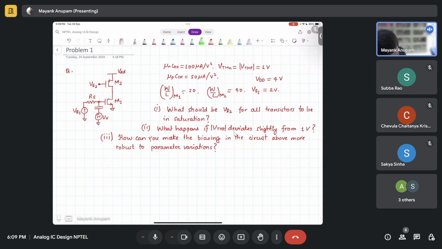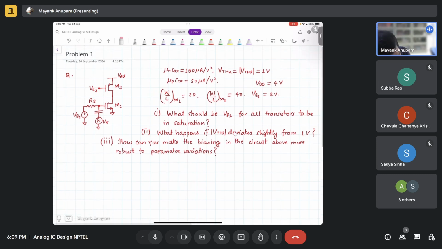To take care of that mobility difference, we have sized our pMOS slightly larger compared to NMOS. You will come to appreciate this in a short while. This is the bias voltage VB1, 2 volts, VDD is 4 volts. So the first question is, what should be VB2 for all transistors to be in saturation?